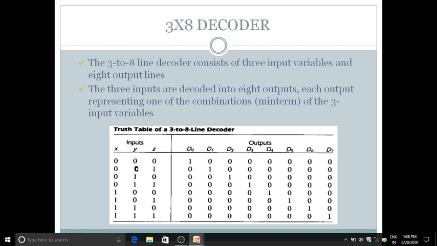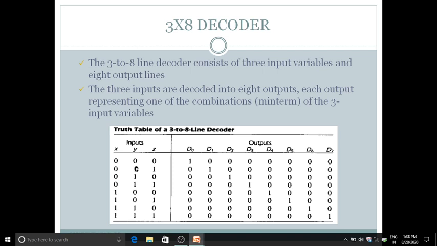As we have seen, the 3 by 8 decoder, or 3 to 8 line decoder, both are the same. It consists of 3 input lines and 8 output lines. The 3 inputs are decoded into 8 outputs, because when you use a 3-bit code, it has 8 different combinations.